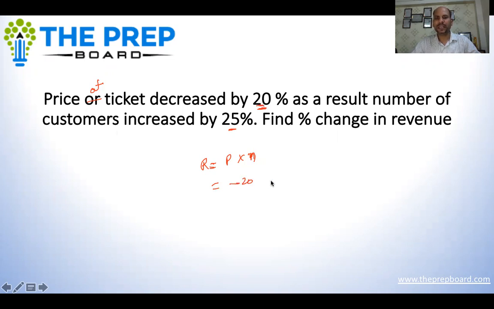So it's minus 20. But the number of customers has been increased. So it should be plus 25. So minus 20 plus 25 upon 100. Here you get plus 5 minus 5, end up with 0. It means no change. So the total revenue was same as it was earlier.